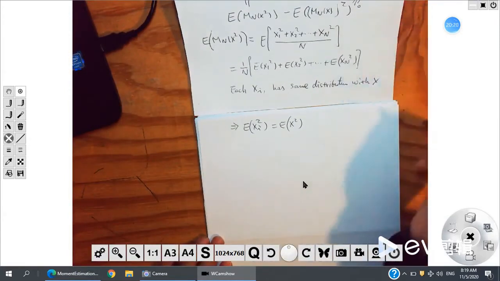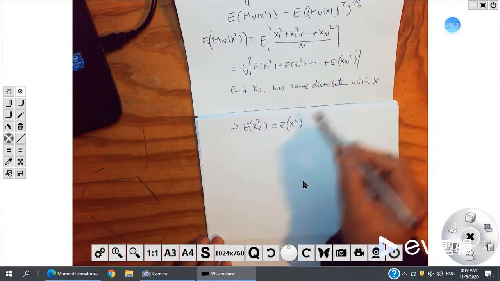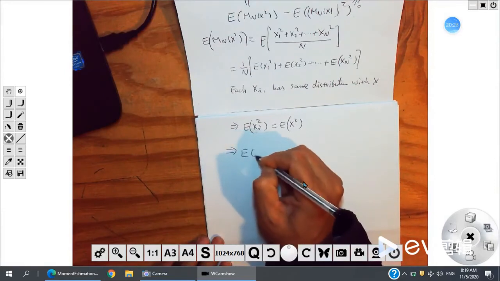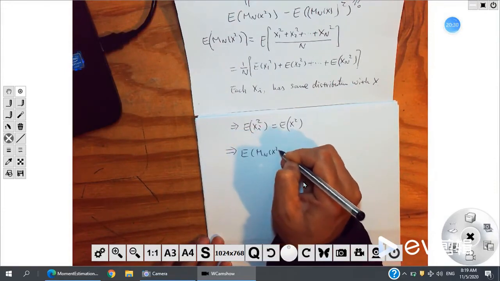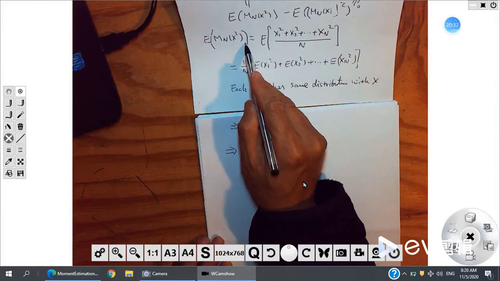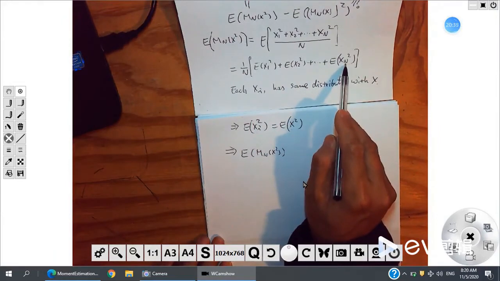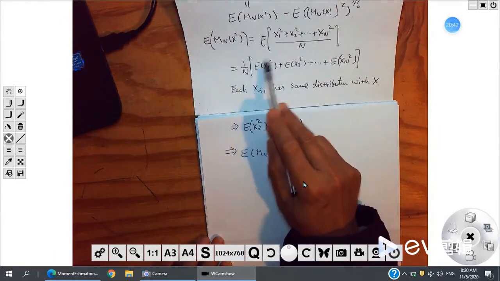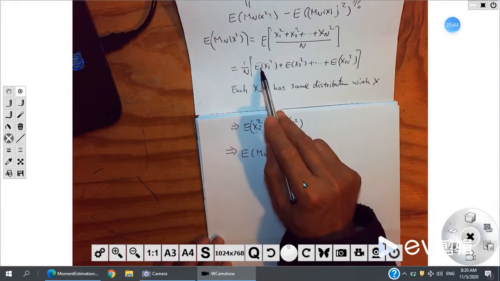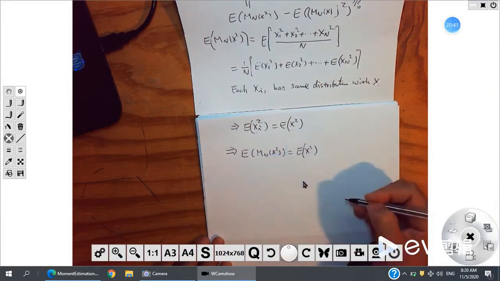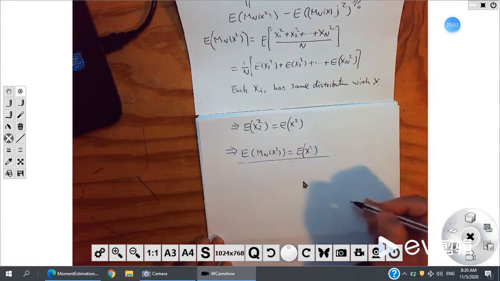Now each one is just the same one. So E of m_N of x squared is this summation, but each term is the same. How many terms do we have? N terms. N cancels. So after dividing by n, we have just one of these. So this is just E of x squared.